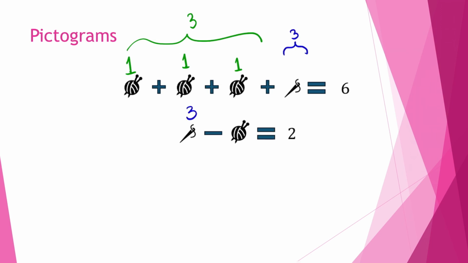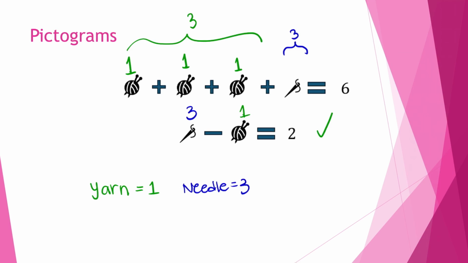So let's check if that works. So 3 minus 1 is equal to 2. That's true. So the yarn is equal to 1, and the needle is equal to 3. And that'll make our equations true.